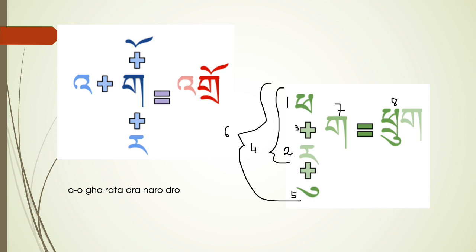So you should try to do the next one. You can pause the video. I have put the way to read that spelling below. So it's ao gara ta ja naro dro. Ao gara ta ja naro dro.